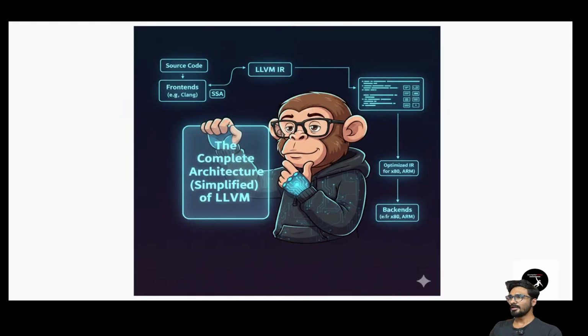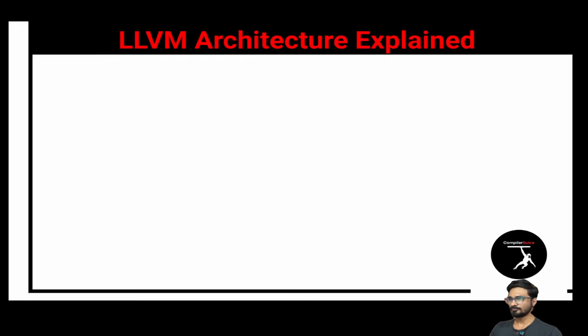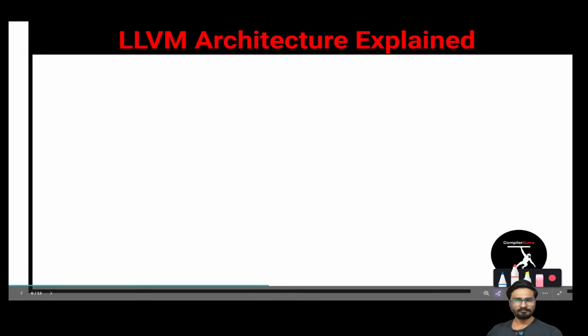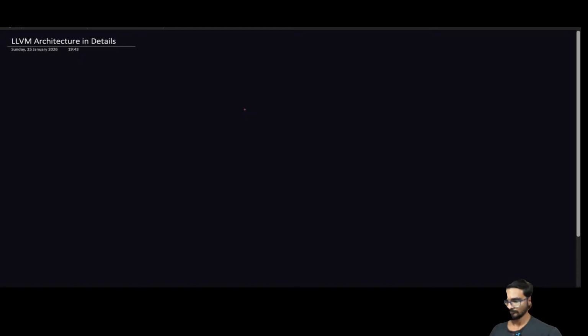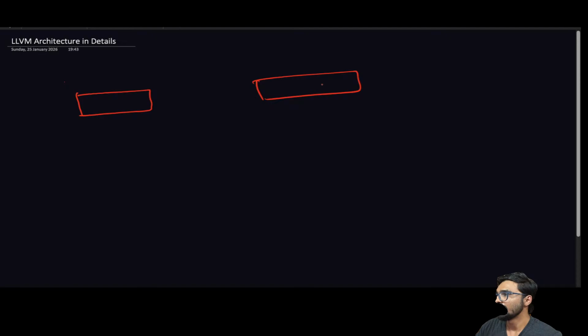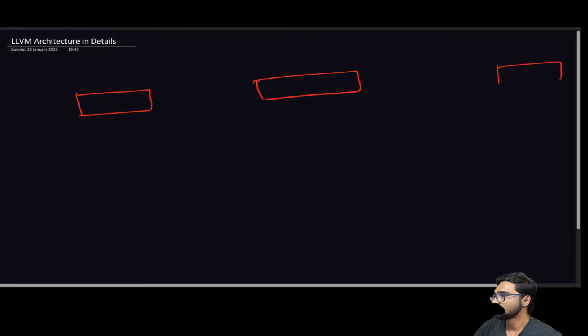So let's understand the LLVM flow now. We already discussed that LLVM is divided into a modular design where it has a separate front end, middle end, and back end.